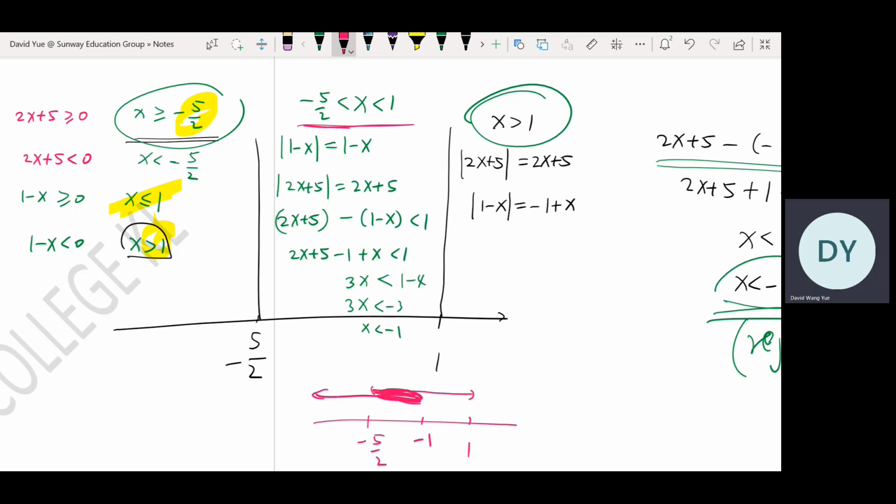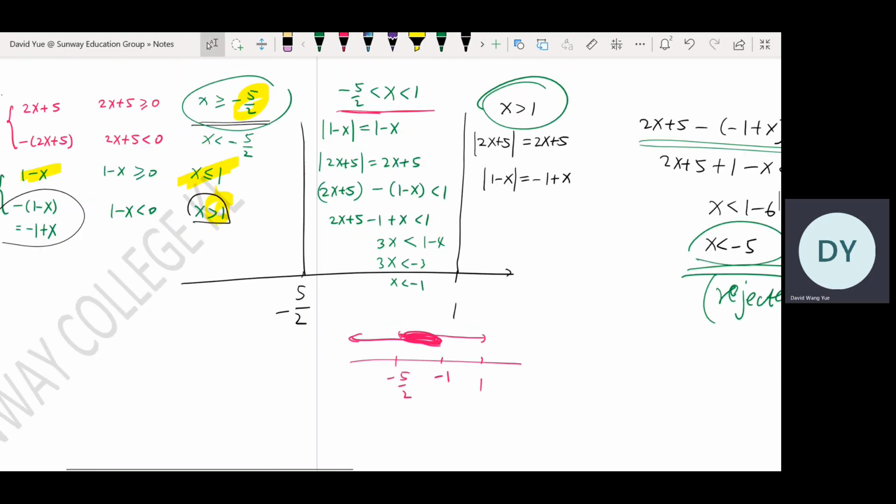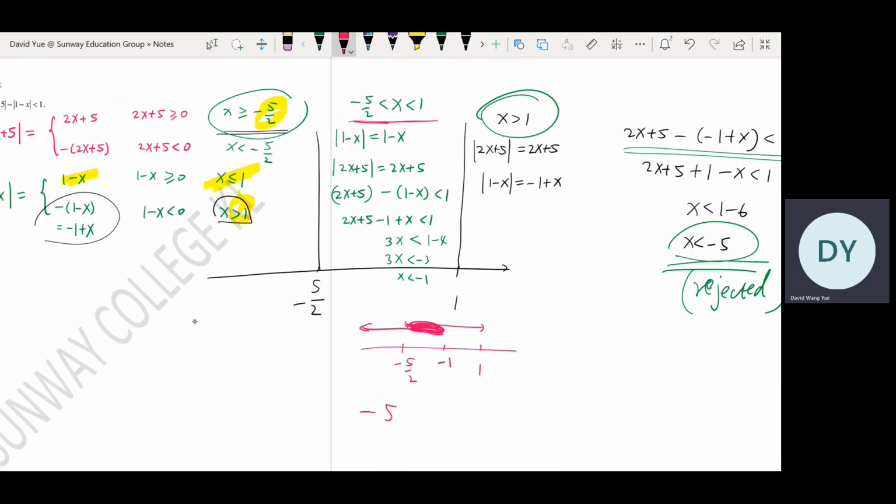So that means the interval satisfying both conditions should be x in between -5/2 and -1. Because x is less than -1, this is our solution for the inequality. At the same time, x is bigger than -5/2. So when we look at the intersection, that will be -5/2 to -1.